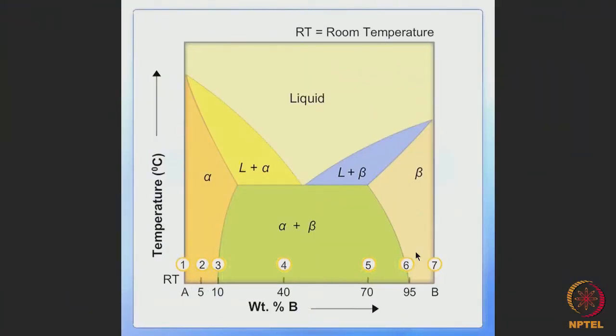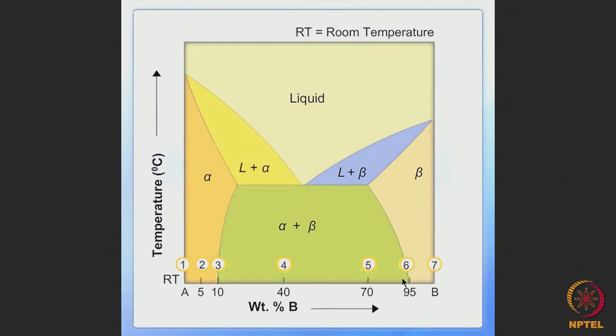Now, suppose we want to find out the room temperature equilibria for this kind of a system. So, what we do as before, we take a sample for the pure A, a sample for pure B, and we choose several samples in between and make X-ray diffraction specimens out of each in the usual manner.